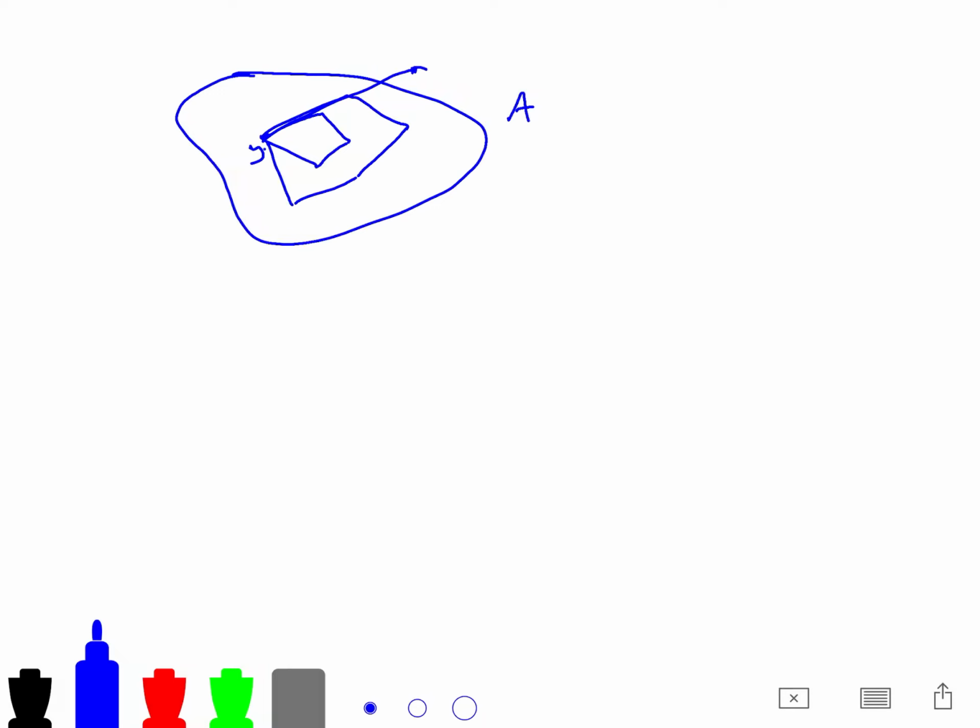So we first hit y, and then the second hit of y, and then the k-th hit of y, and after that it goes out of A before it hits y again.